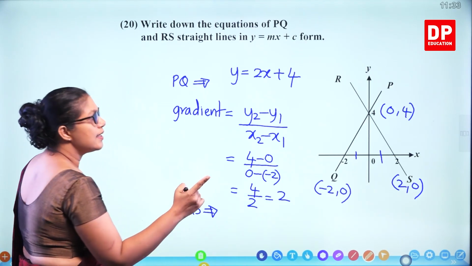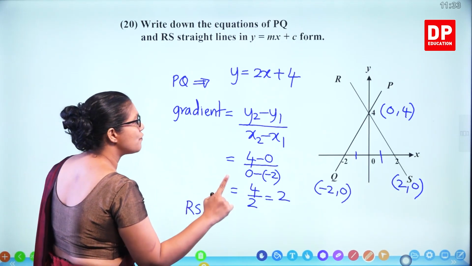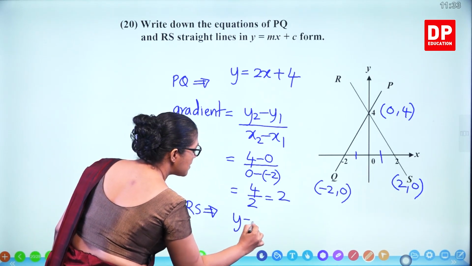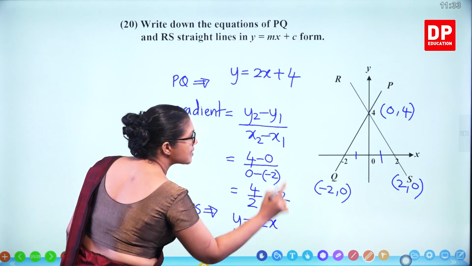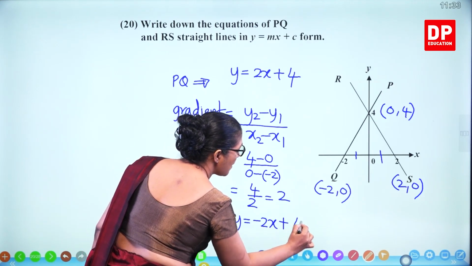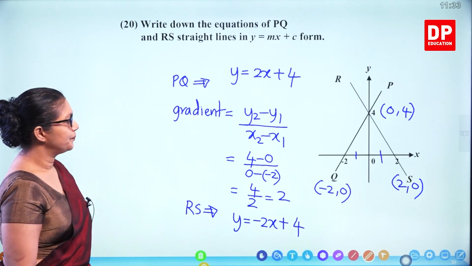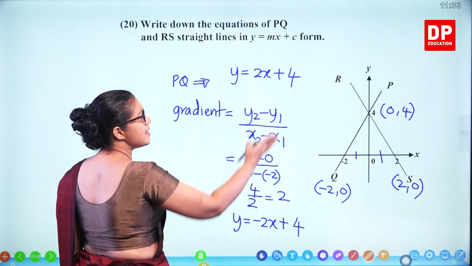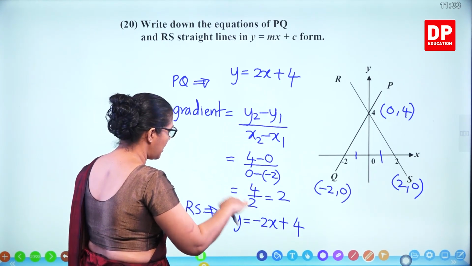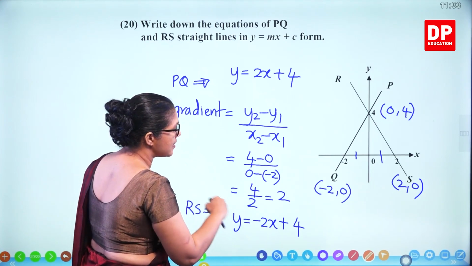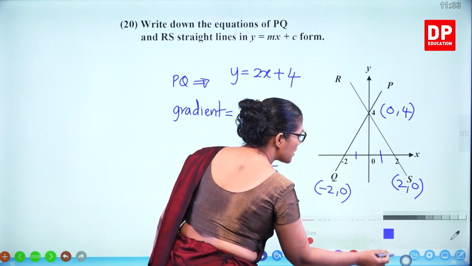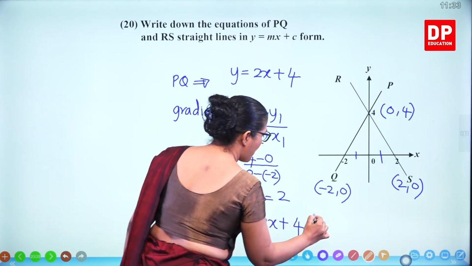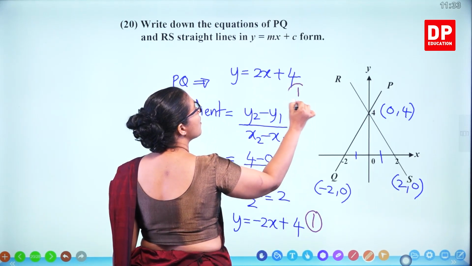The slope is negative now, negative 2. y equals negative 2x, same y-intercept, plus 4. You don't need to do it again. So PQ is 2x plus 4, and RS is minus 2x plus 4. So 1 mark here and 1 mark for this one.